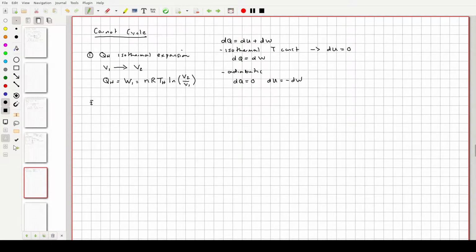Now, the next thing we're going to do is basically turn off the heat and let our gas expand adiabatically. So now Q is equal to 0, and we're letting adiabatic expansion happen.